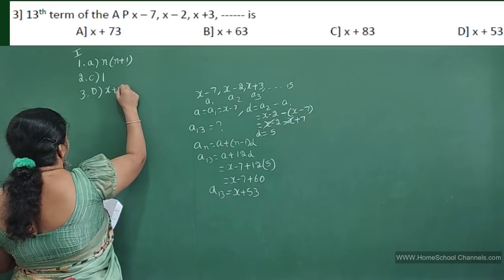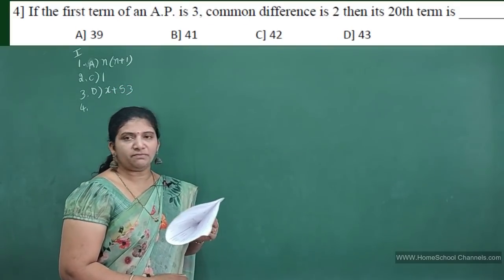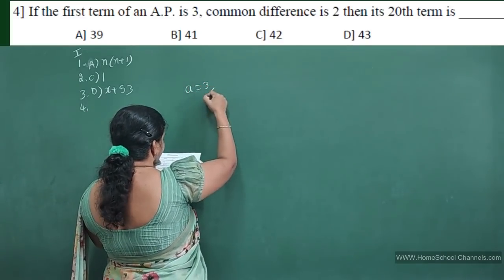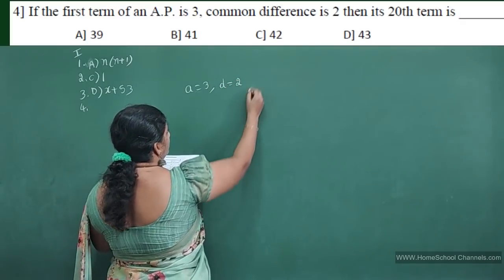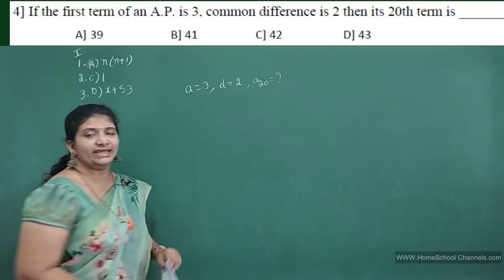Fourth one: if the first term of an AP is 3, first term means a is equal to 3, common difference is 2, d is equal to 2. Find A20, the 20th term.